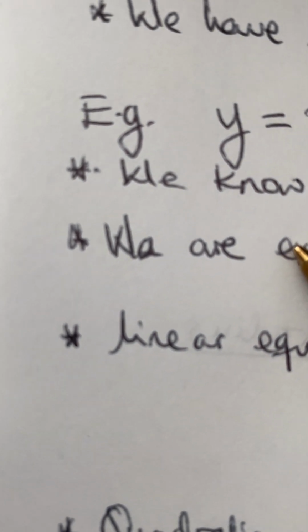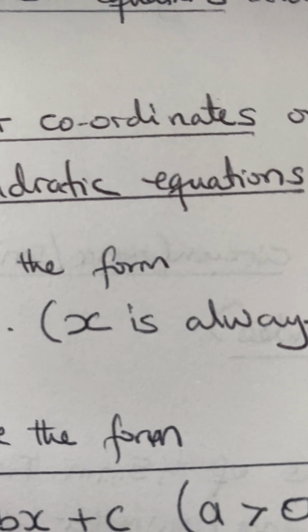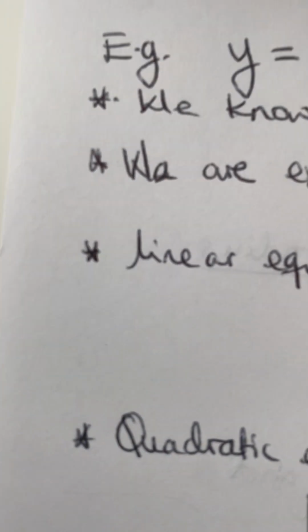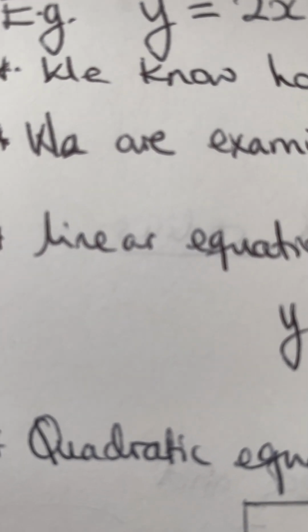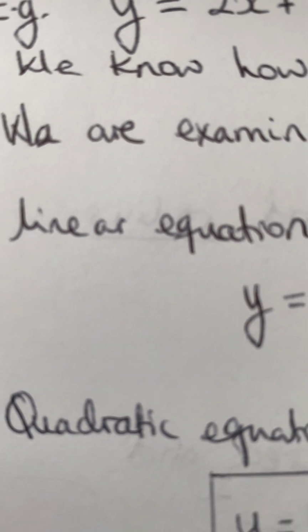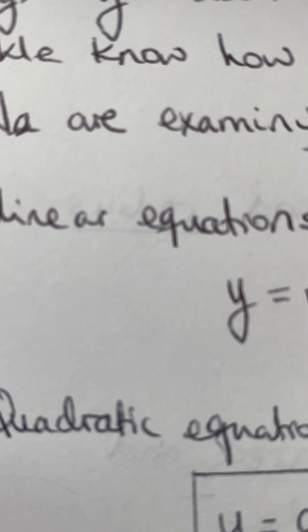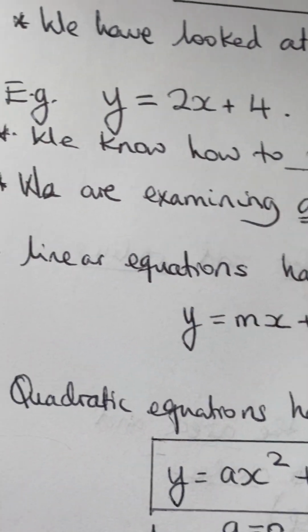We know how to plot coordinates on the x and y axis. We've done that, and I expect you to know that. If you haven't, go back and watch the video.